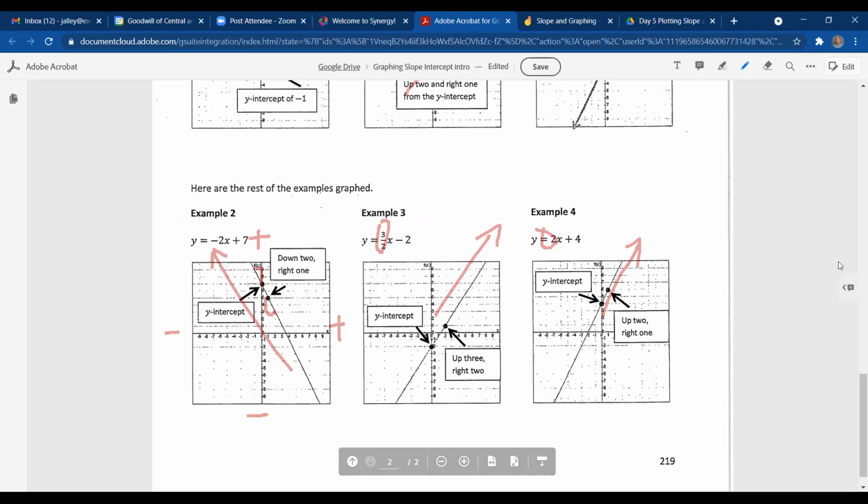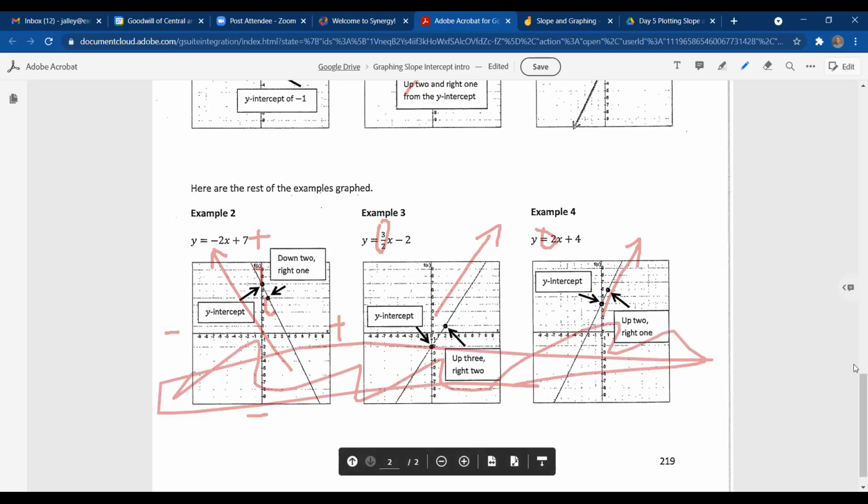I don't care about where it's going down below the x-axis. I'm just going to ignore all this down here. When I'm thinking about direction, I'm only looking at where it's going in the top part of the graph, up and out. It just makes it simpler.